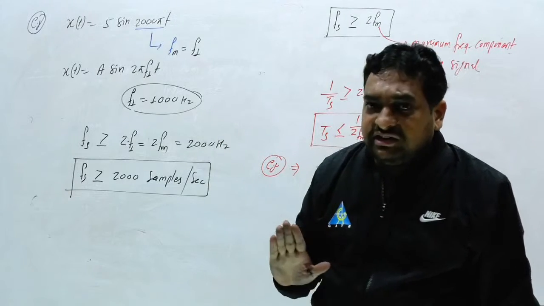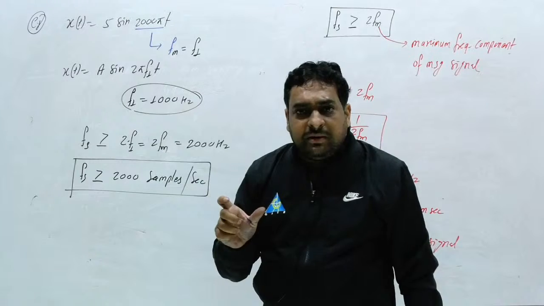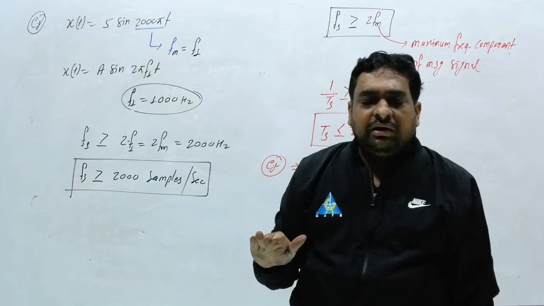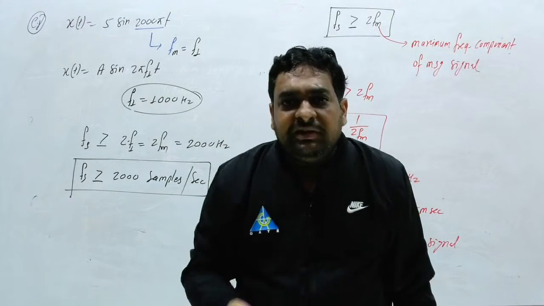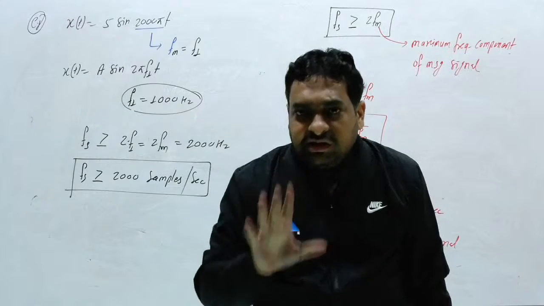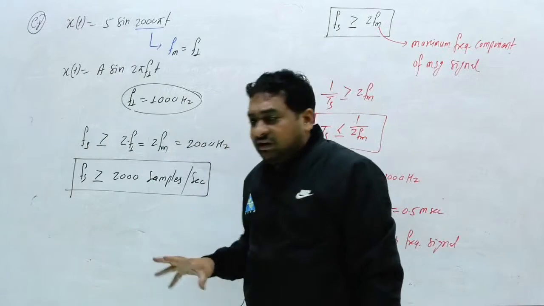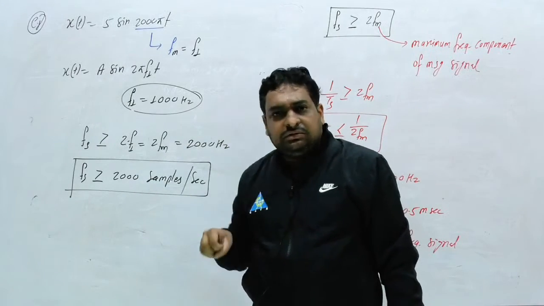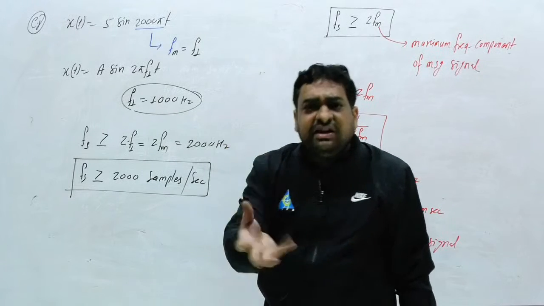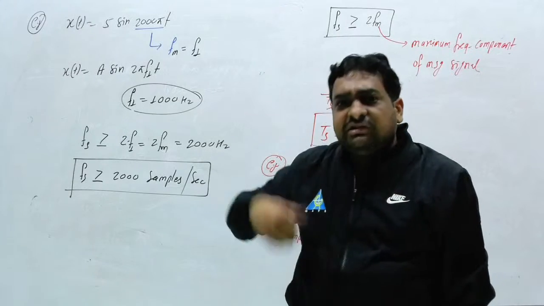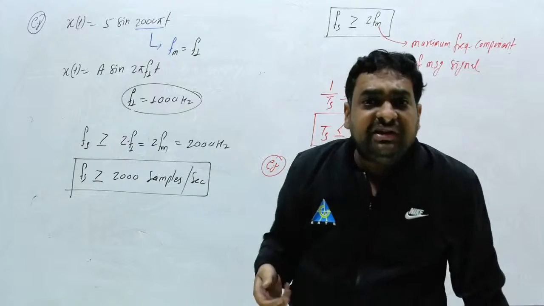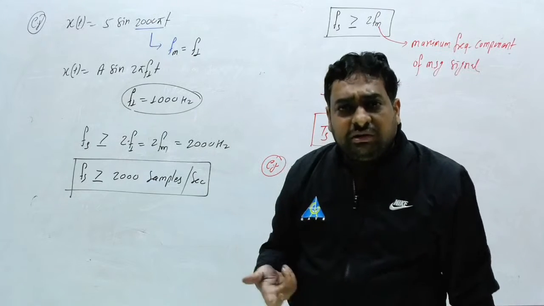So we have three cases: one is the optimum, one is more, and one is less. Less is not possible. If you consider more, you are wasting, because you are not getting anything extra. Listen to my point: if you consider 3000 samples, you are wasting, because the same signal will be recovered, not some specific extra signal.